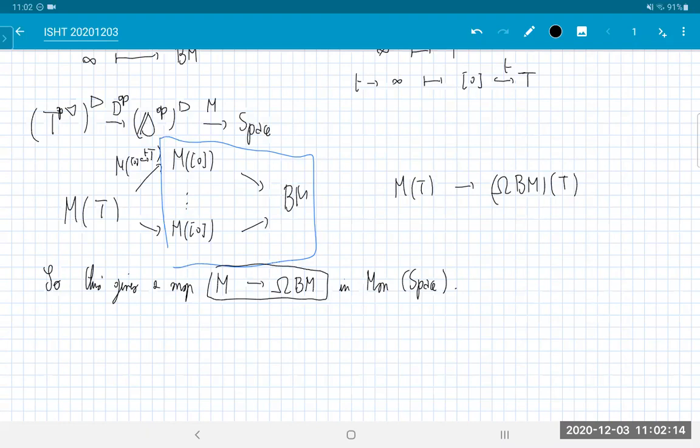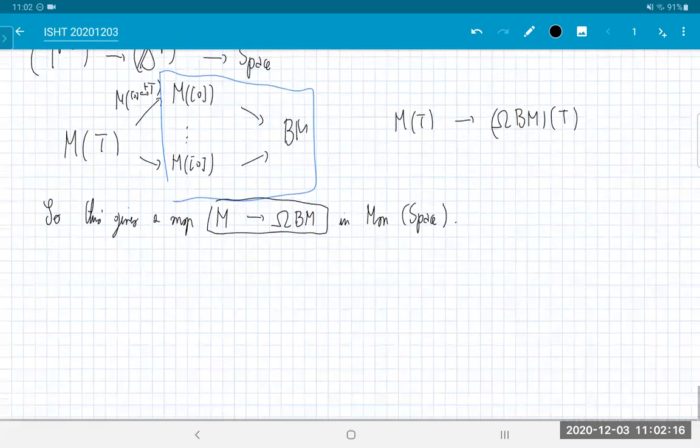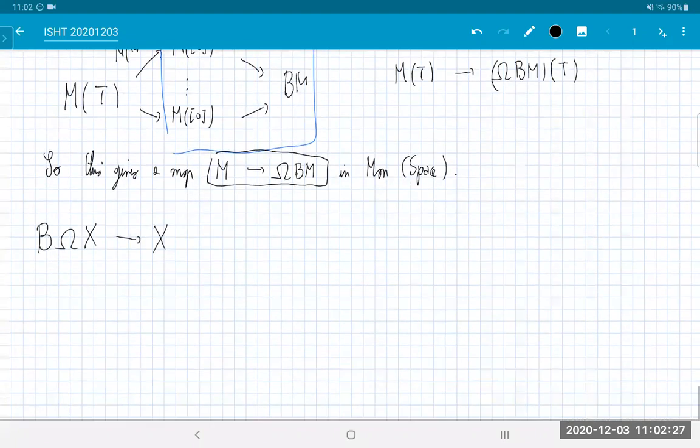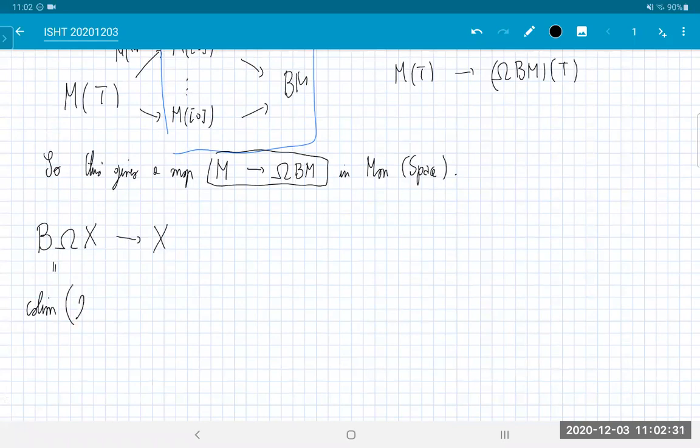The other guy is really much simpler: omega x into x. So remember, this is just the colimit of the limit of diagrams like this.